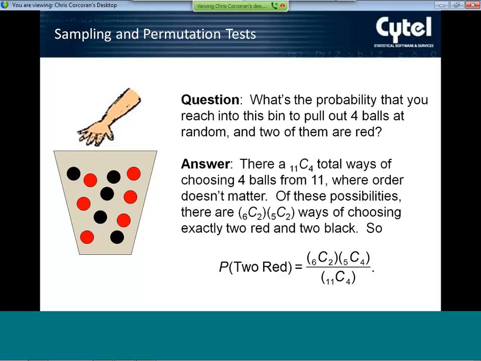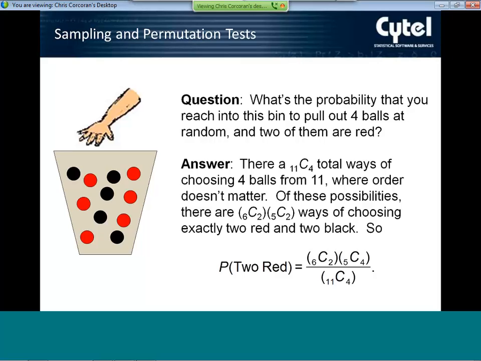Well, there are 11 balls total, and so that gives us 11 choose 4 ways of selecting 4 balls at random from 11, where the order of our selection doesn't matter. And this is what gives rise to what we know as the hypergeometric distribution.